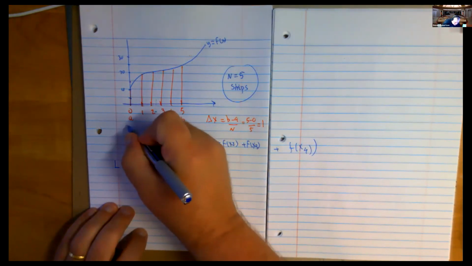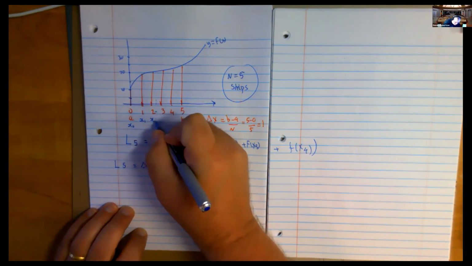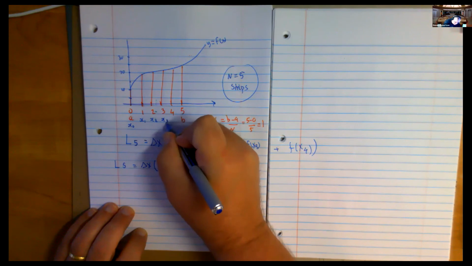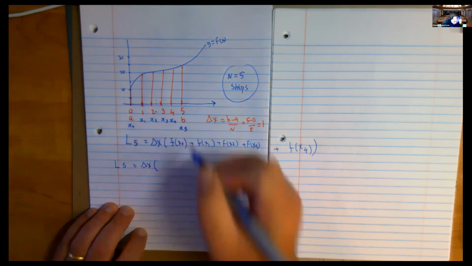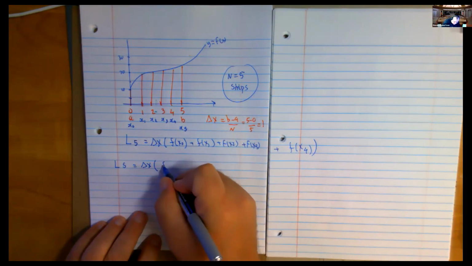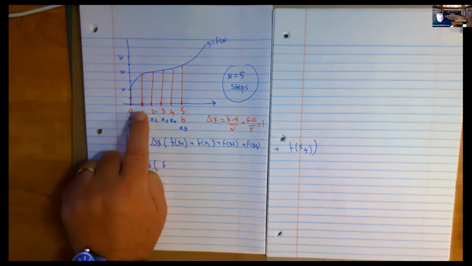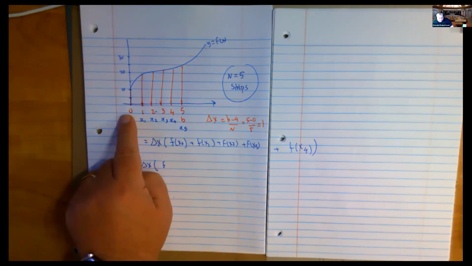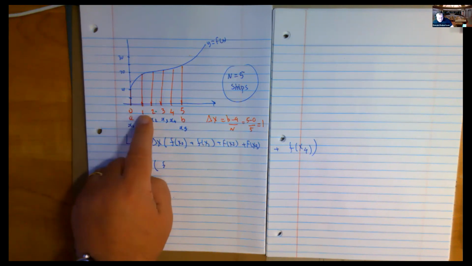This is x0, this is x1, this is x2, this is x3, this is x4, and the last one is x5. So in this case, I'm going to be looking at the value of the function. Am I going to start at 0 or at 1? Which will be the first x value to use if I'm doing a left? 0 or 1?